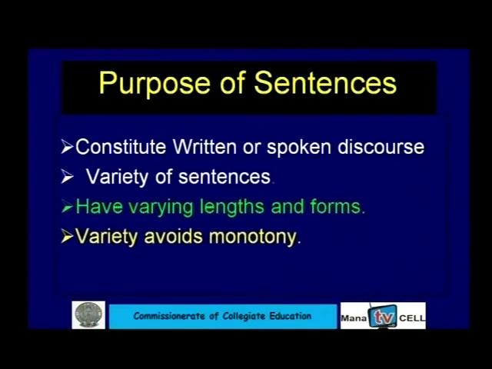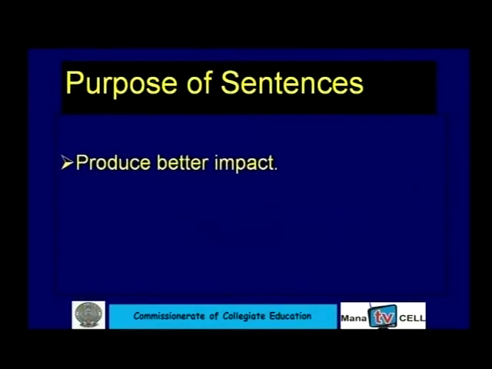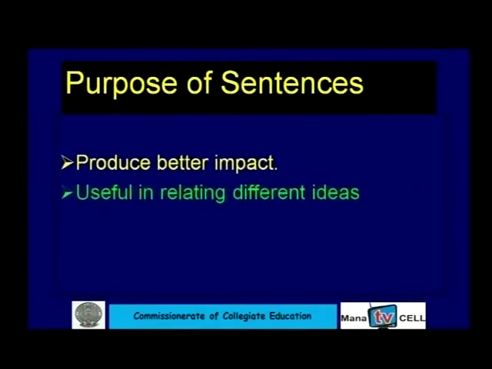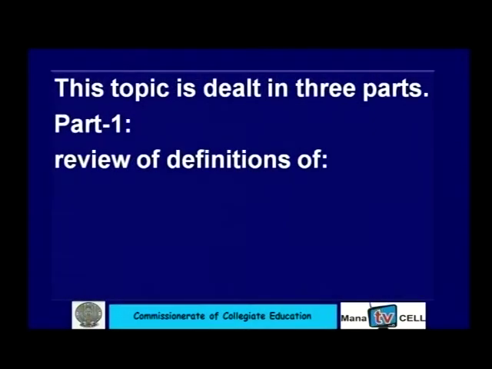The sentences have varying lengths and forms, and this variety avoids monotony. They produce better impact on the reader or the audience. This variety of sentences is useful in relating different ideas and in connecting different pieces of information.